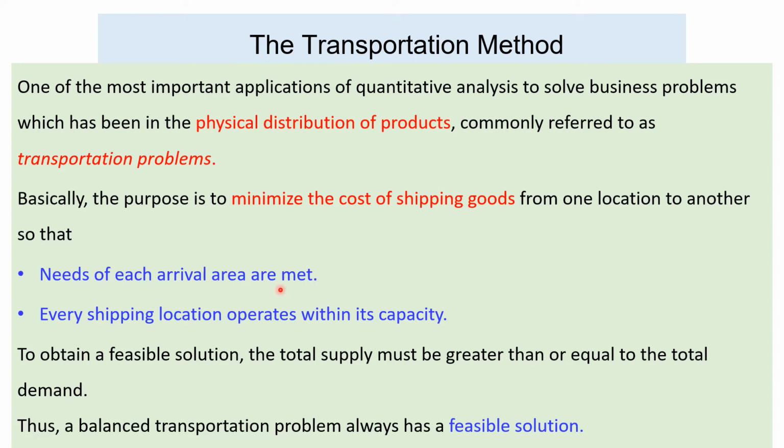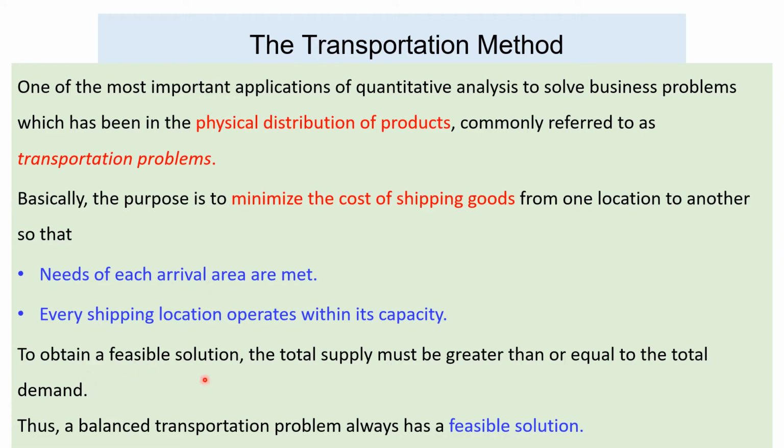And the second is that every supplying location has to operate within, or less than or equal to, its capacity. So these are the two constraints that have to be kept in mind, and our objective is ultimately to minimize the cost of transportation.